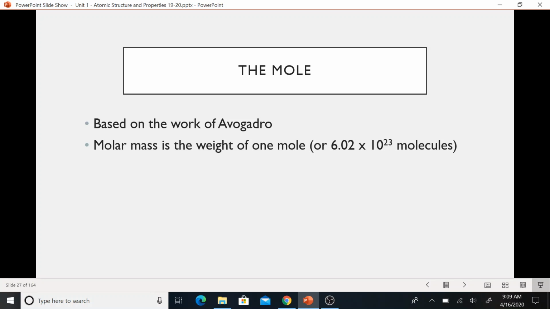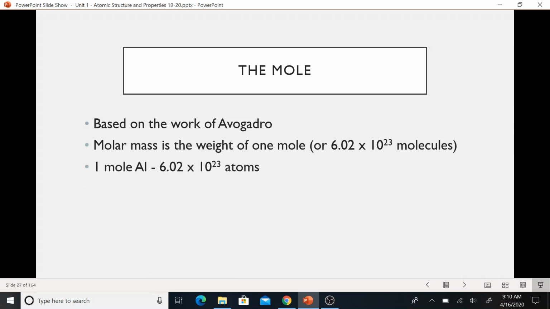And so for a chemist and for us, when we say a mole, what we should immediately think is, okay, I have got 6.02 times 10 to the 23rd of whatever particle makes up this substance, right? And again, that's going to vary depending on the type of substance, whether it's an element or a compound that you're dealing with, which is going to determine the type of particle that makes it up.